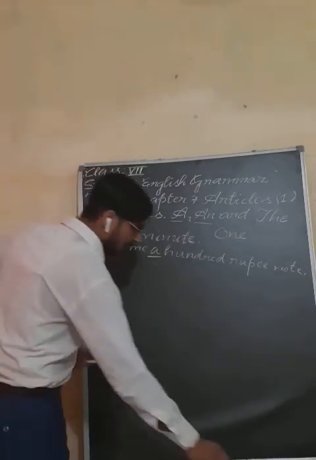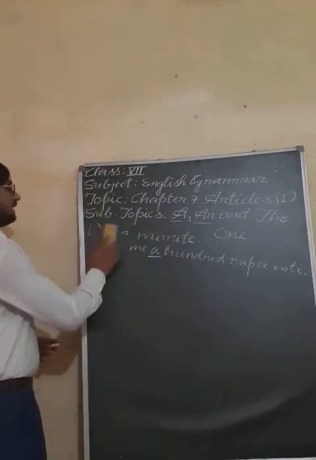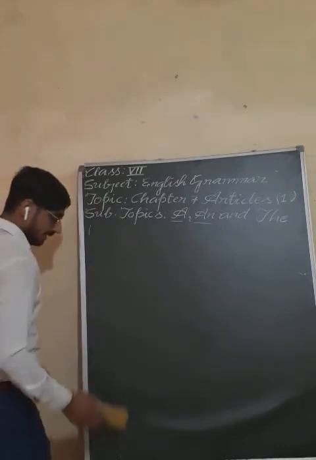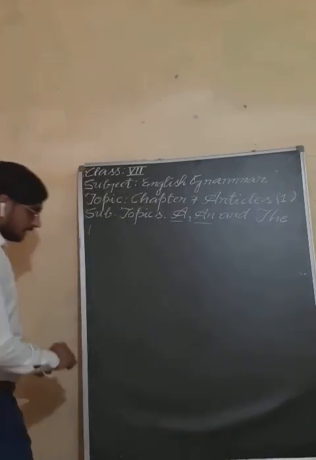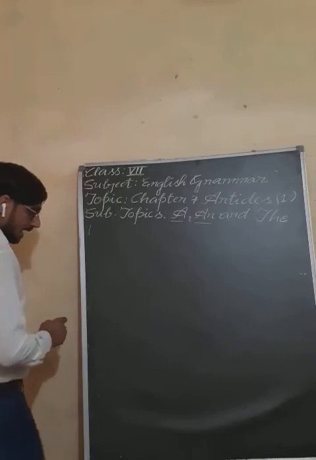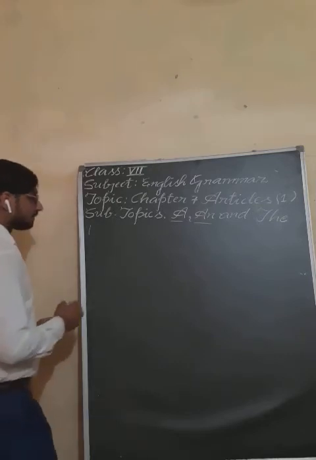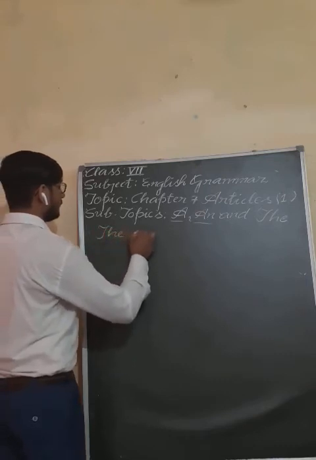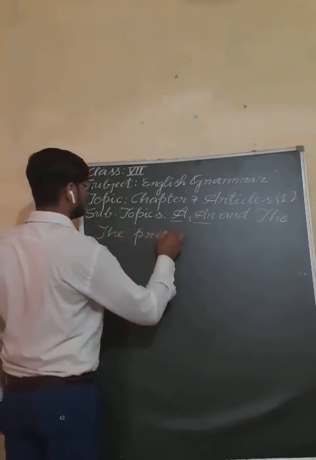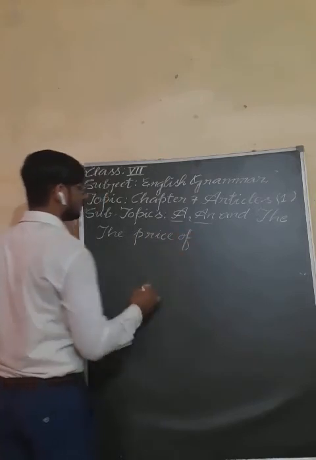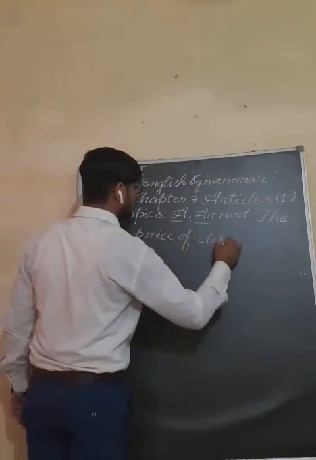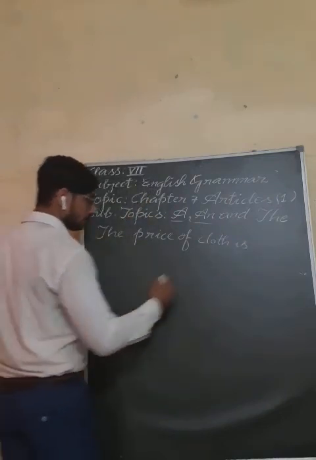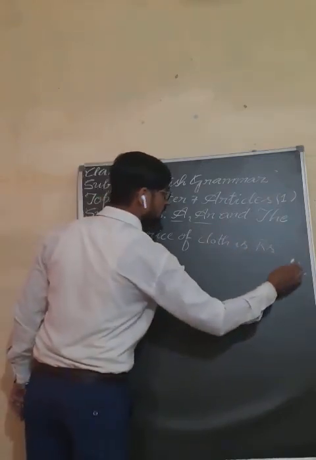And when you are talking each and every, suppose that you are talking for each and every, in a sense, you can use a and an. Suppose that the price of cloth is rupees.